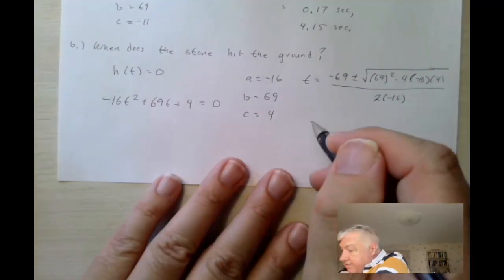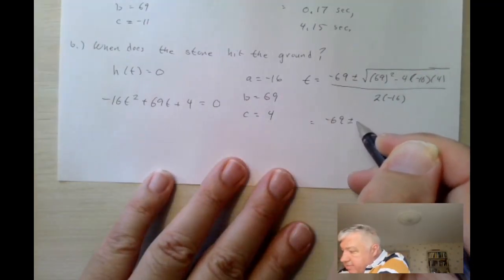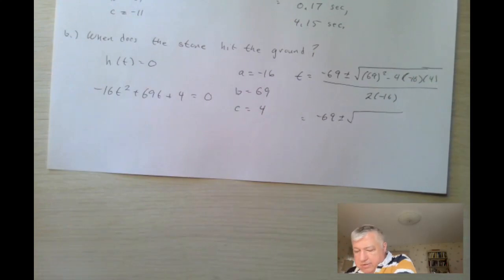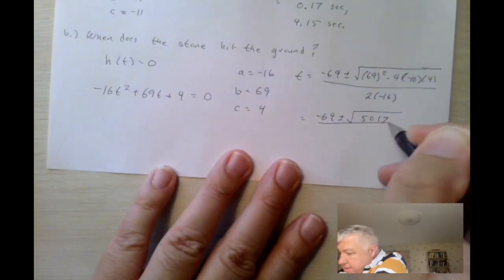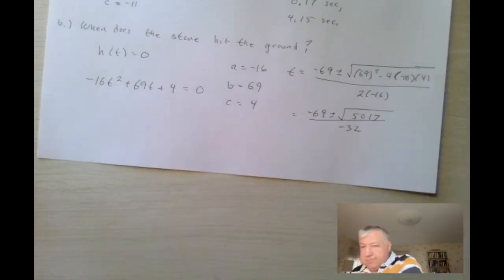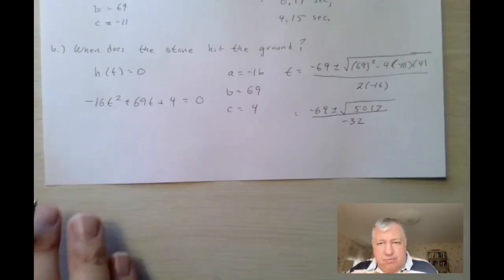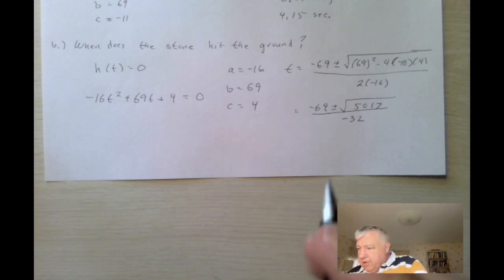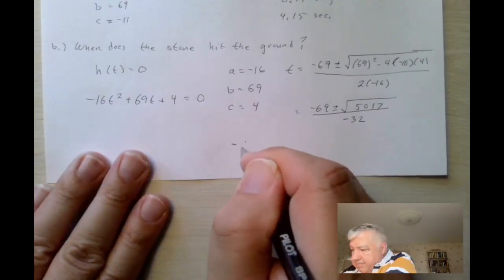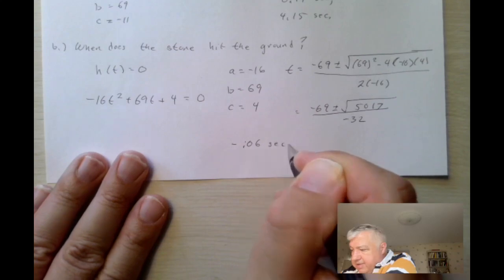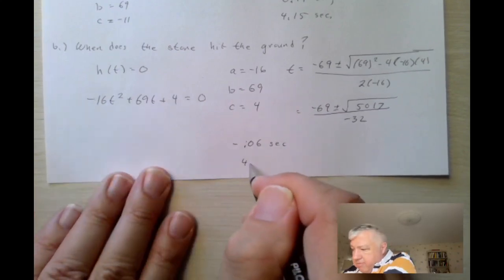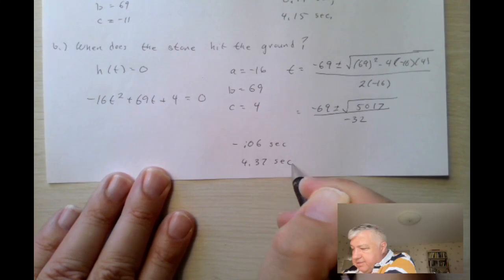This is negative 69 plus or minus, when you plug it in your calculator, the square root of 5,017 all over negative 32. And you'll get two solutions. One will be negative 0.06 seconds, and the other is 4.37 seconds.